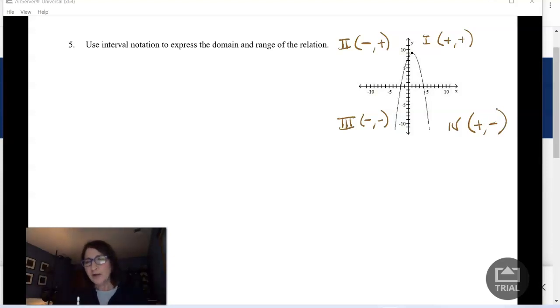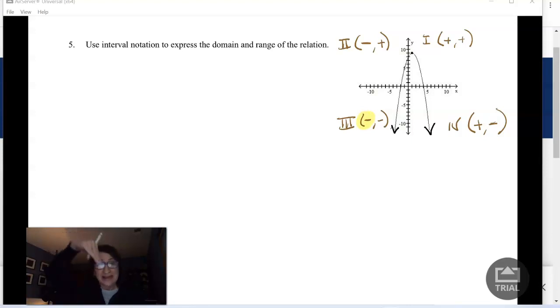It was important for us to take just a moment to look at that because this parabola is going infinitely into quadrant 3 and quadrant 4. So when I look at quadrant 3, my x value is negative.